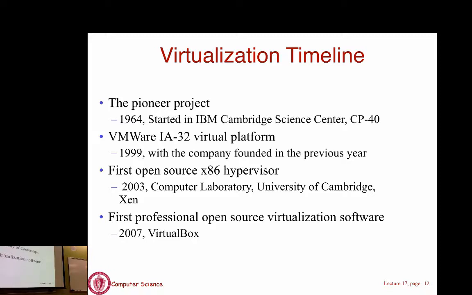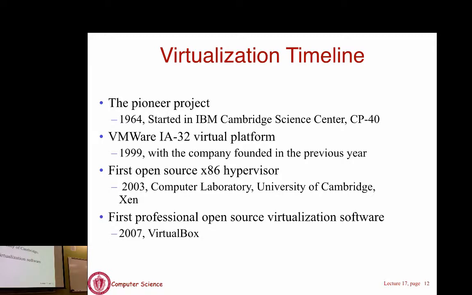And then later on in 1999, VMware, some of you might have already heard of it, was founded, with patents on supposedly the first virtual platform you can use to run different operating systems on your existing operating systems. All right, my favorite part comes at the end. In 2003, there was a project from academia, from the University of Cambridge.